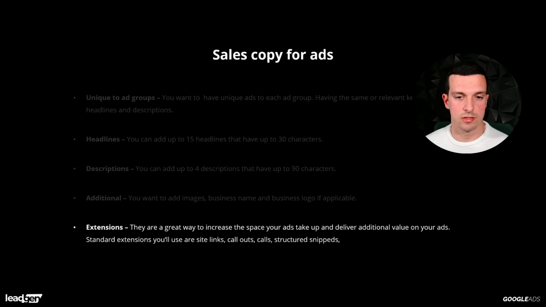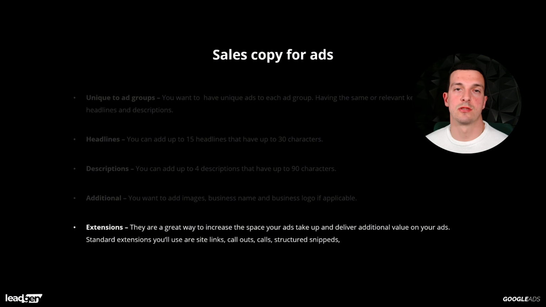And then extensions, they are a great way to increase the space your ad takes up and deliver additional value on your ads. Standard extensions you'll use are site links, callouts, calls, structured snippets. There are a lot of extensions that you can add, but what I always launch, and then later I might add some others and test them out, is site links, basically extensions on the ad where you have more links, callouts, call extension, and then structured snippet.